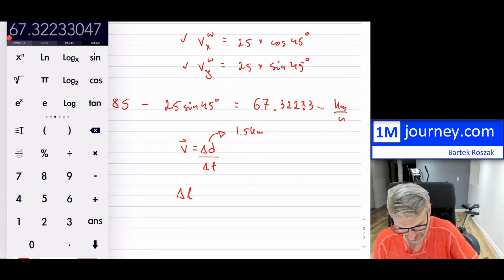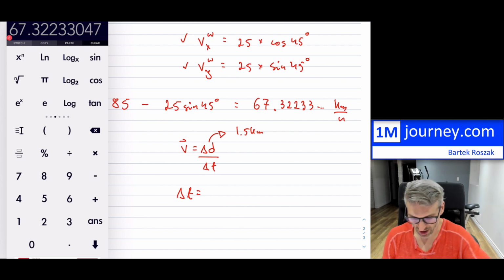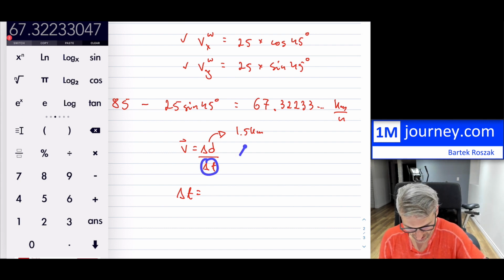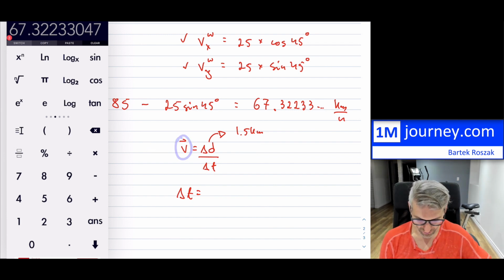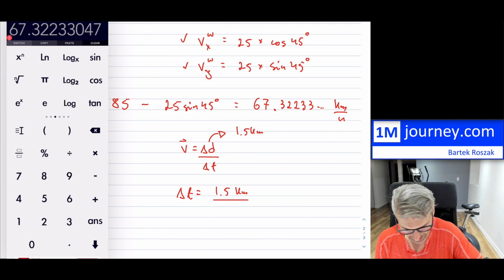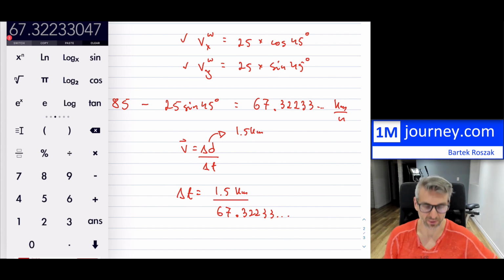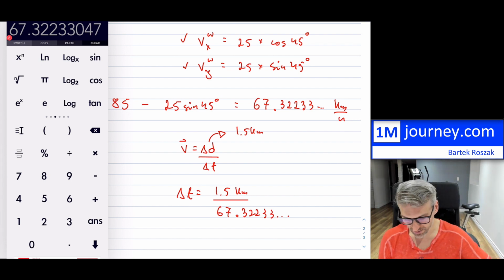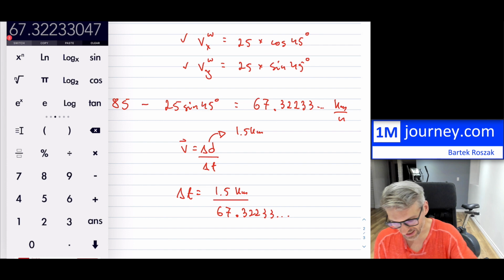So if you multiply both sides by delta t, as we did in the first one, and then divide by v on both sides, we get delta t equals 1.5 kilometers divided by 67.3223, and so on, depending how many decimal places you want to keep.